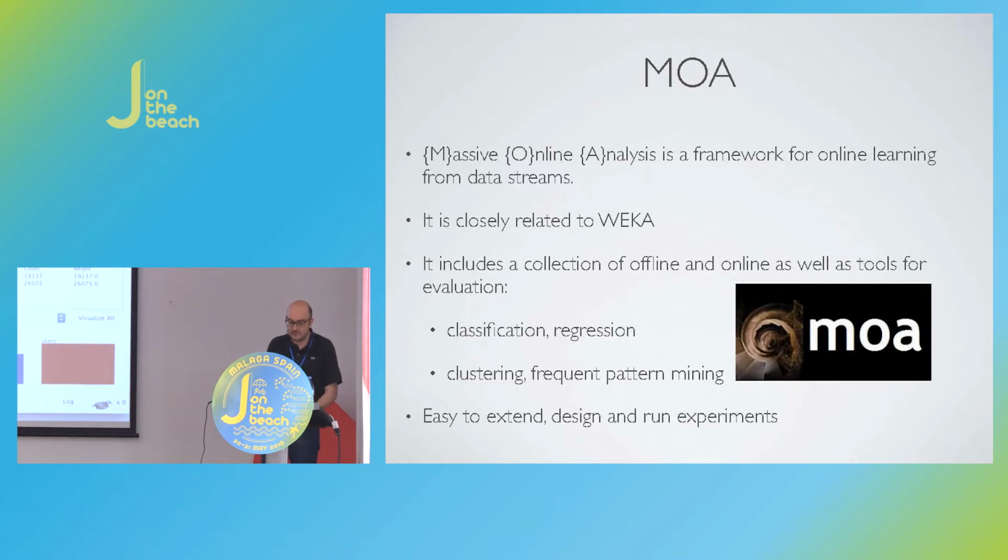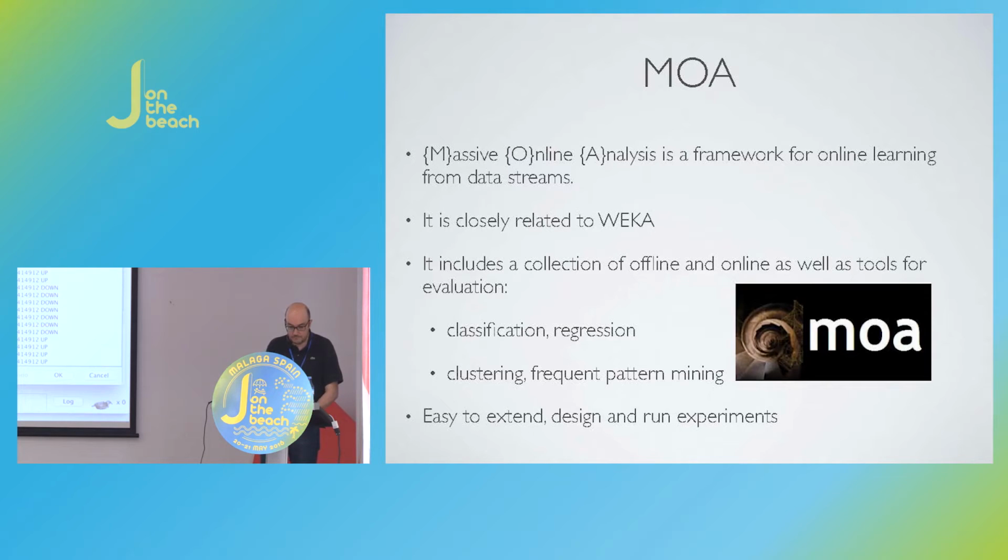So we have all of these attributes here, and then the final class is this one. It's going to be up or down. So if we look at the data set, it's a table where we have these instances, we have these different attributes, and then finally the class, that is the thing that we want to predict.